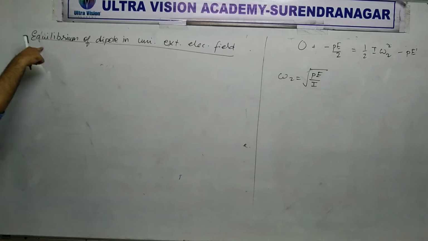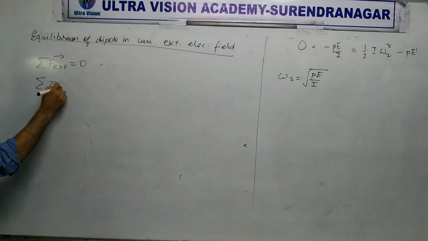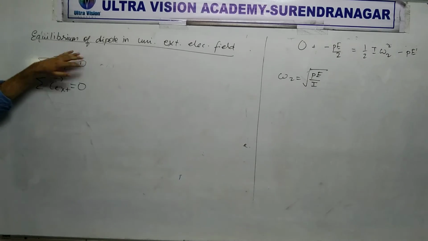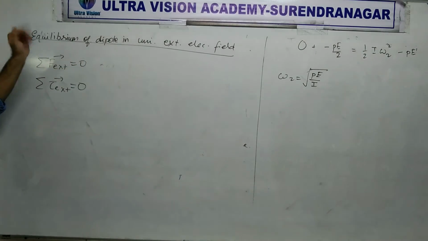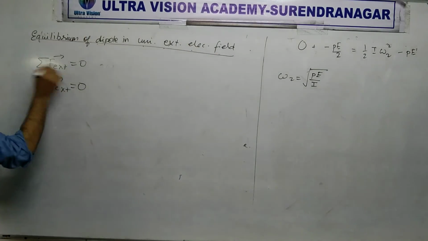When the total force on a system is 0 and the total external torque is also 0, both are necessary, then it's called equilibrium. If only force is zero, it is translational equilibrium. If only torque is zero, rotational equilibrium. For a dipole in a uniform external electric field, when is this true?